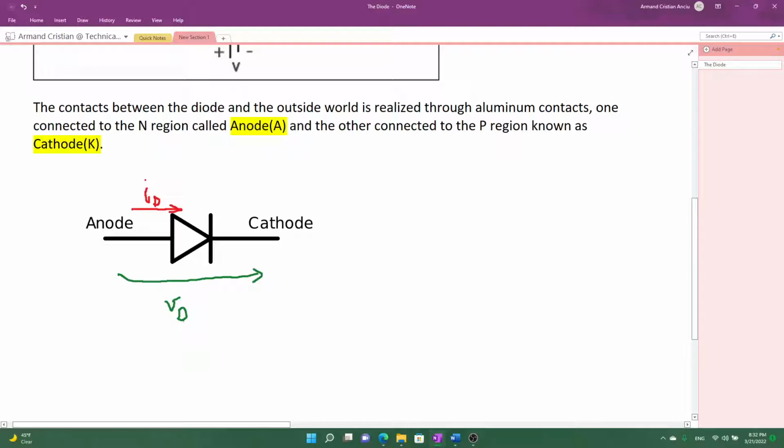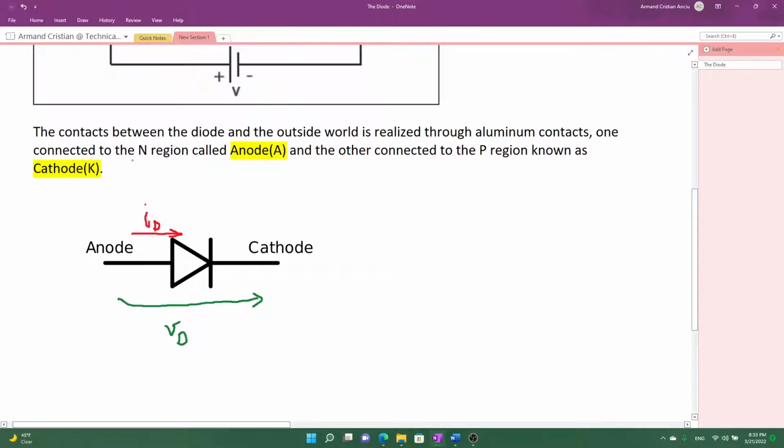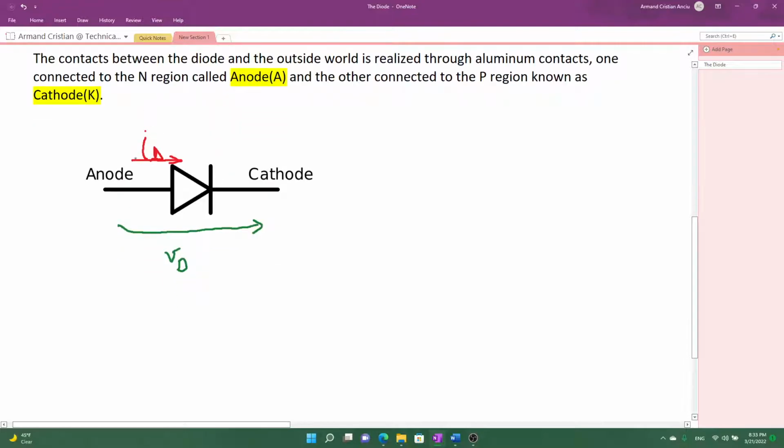Whenever we work with the current and the voltage across the diode, and not just the diode, we write first a lowercase letter, followed by a capital letter, which basically tells us which device we are talking about.